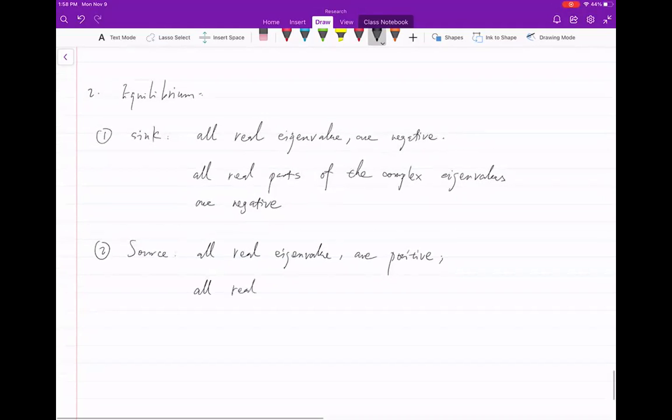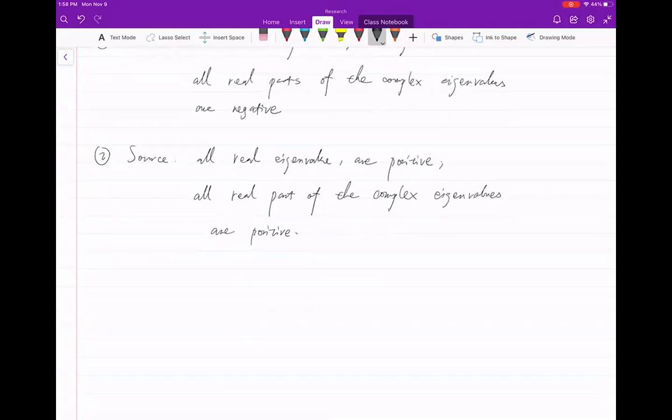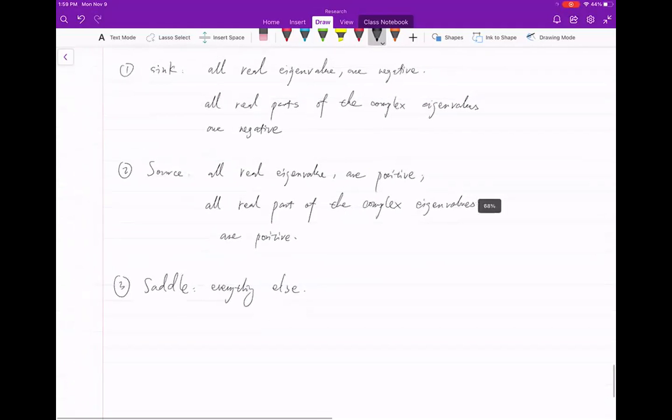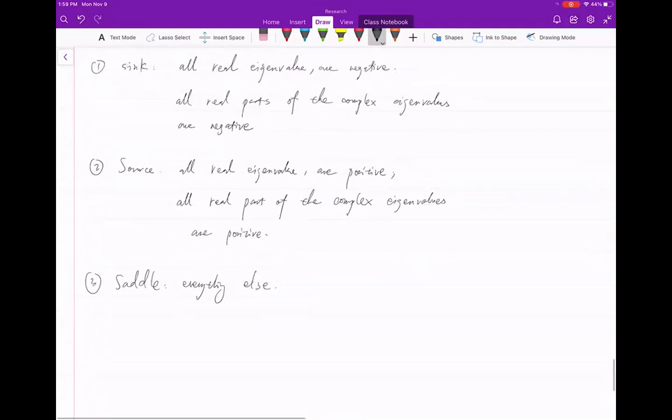If all real parts of the complex eigenvalues are positive, so a combination of straight line source and a spiral source together, it's going to give you a source. Number 3, saddle for everything else. In some directions you are a source, in some directions you are a sink or spiral sink, whatever, it doesn't really matter. As long as they're not all sink or all source, saddle.